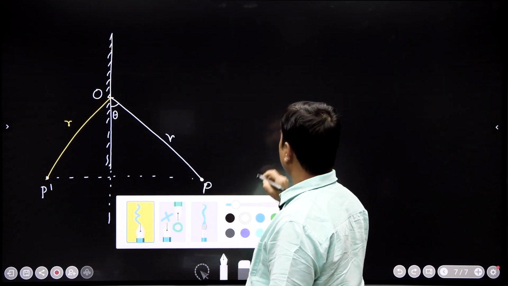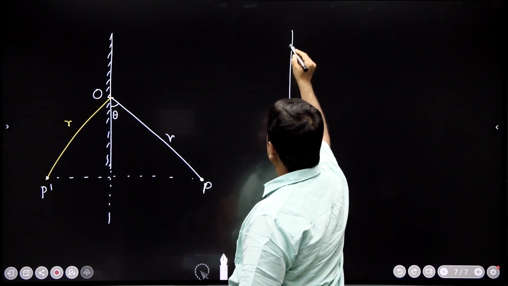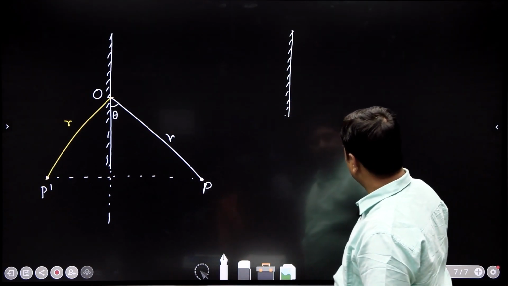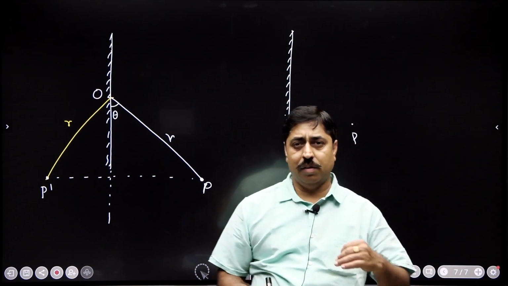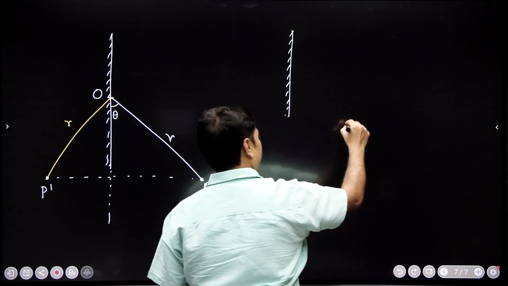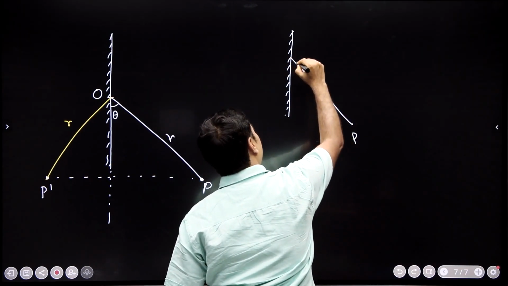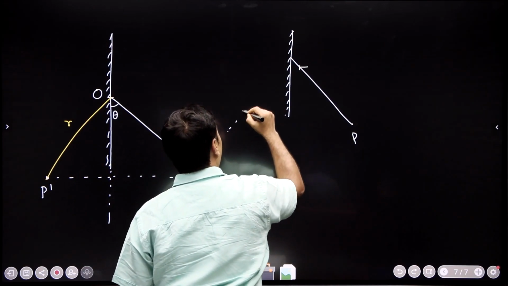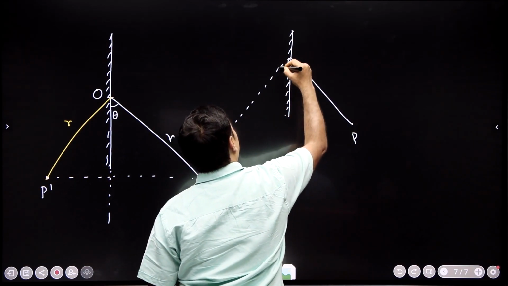Another important thing that you must be knowing is this. If this is point P, then there are many rays which hit the mirror and get reflected. All reflected rays appear to be diverging from the image point.